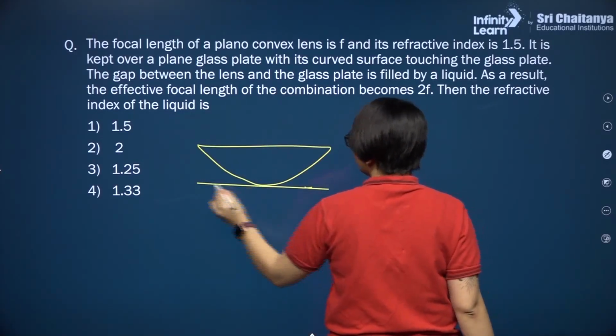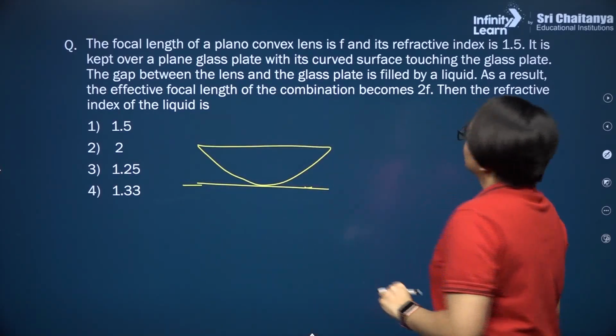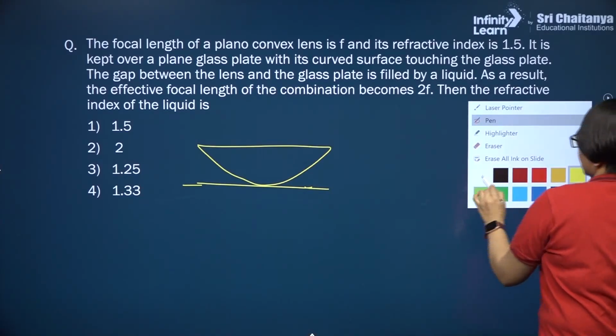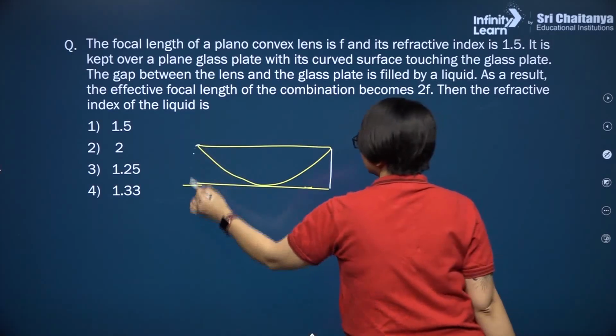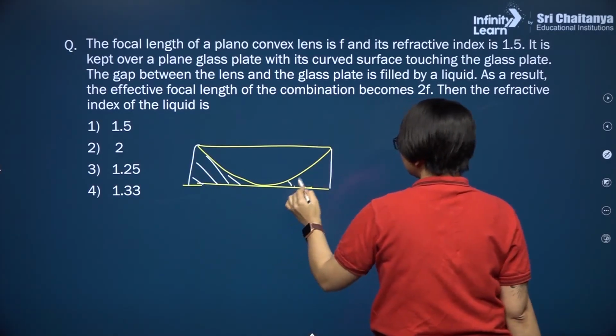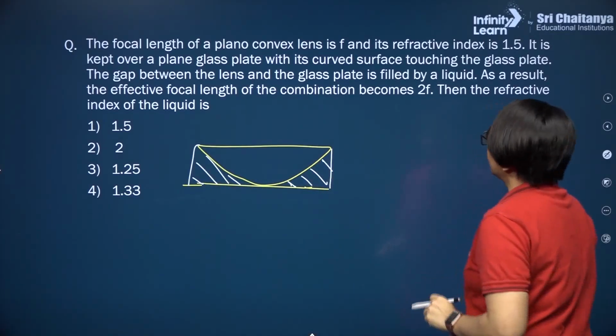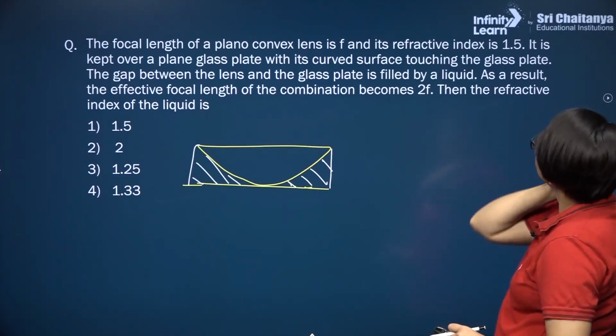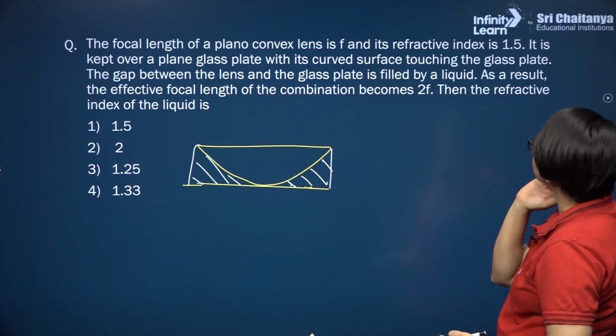Right. Now, the gap between the lens and the plate is filled by a liquid. So, this gap is filled by a liquid. So, this is a plano-concave lens, right, and as a result the effective focal length becomes 2f. Then the refractive index of the liquid is.